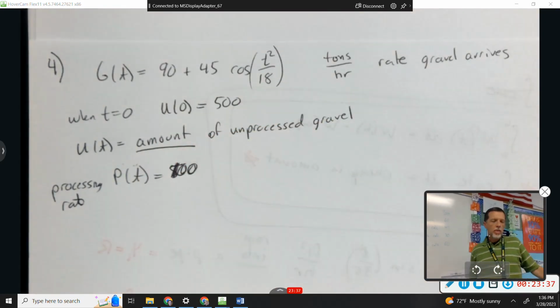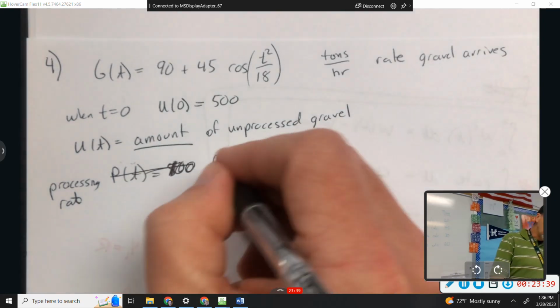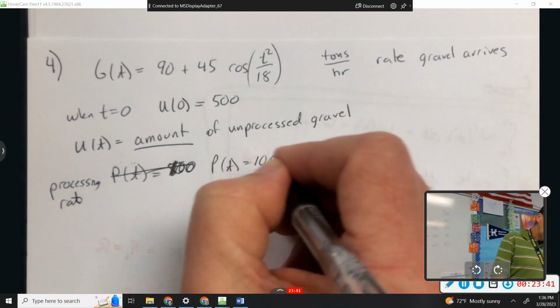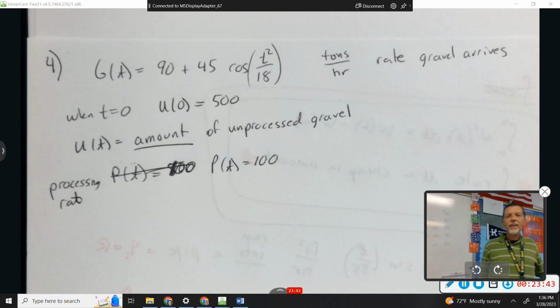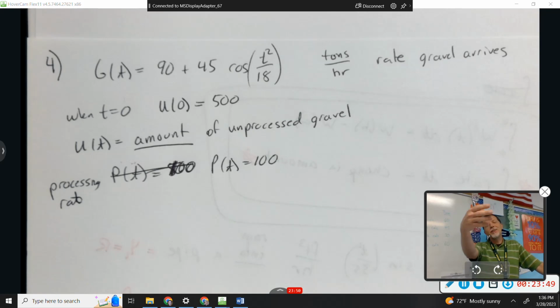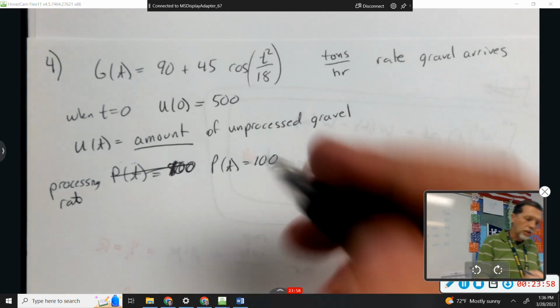Would it be 100x then? Okay, so be careful. You sort of just integrated on the fly there. The rate is 100, but the effect of the change of that on the gravel is 100t. So keep that in mind, but the rate itself is 100 tons per hour.